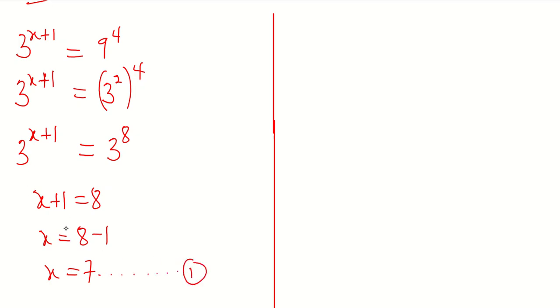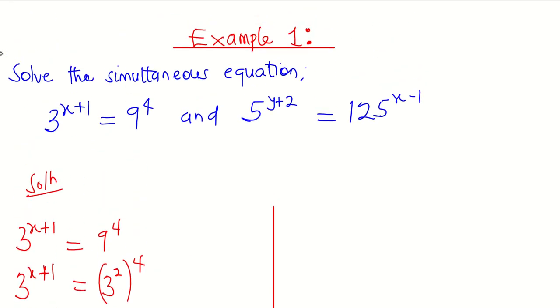Now let's resolve the other equation. We have 5^(y+2) = 125^(x-1). We know 125 can be expressed with a base of 5 and an exponent of 3, which means 125 is the same as 5^3.